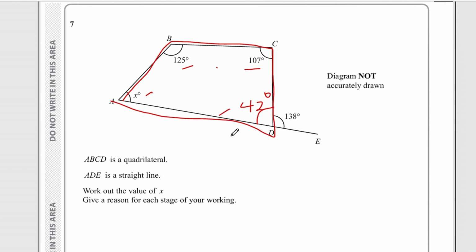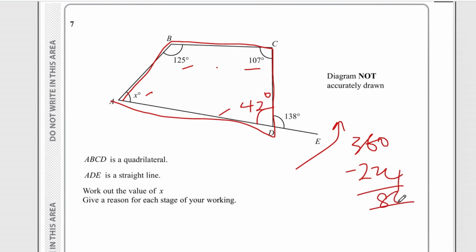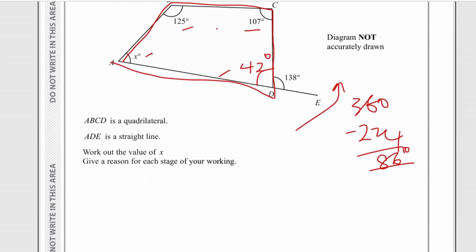When you add the other 3, that will give you 274. Subtract from 360. So we can say 360 minus 274, and that will simply give us 86 degrees, which is the answer. So x is 86 degrees.